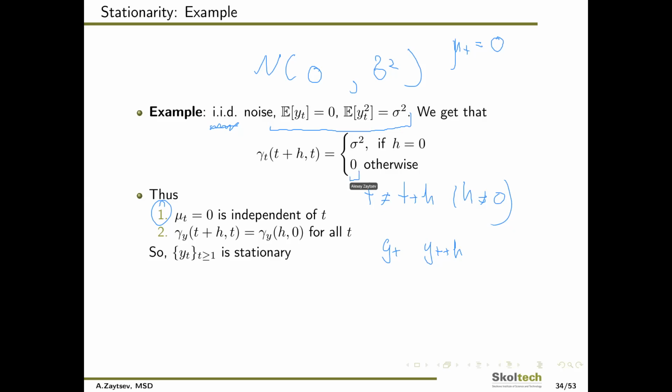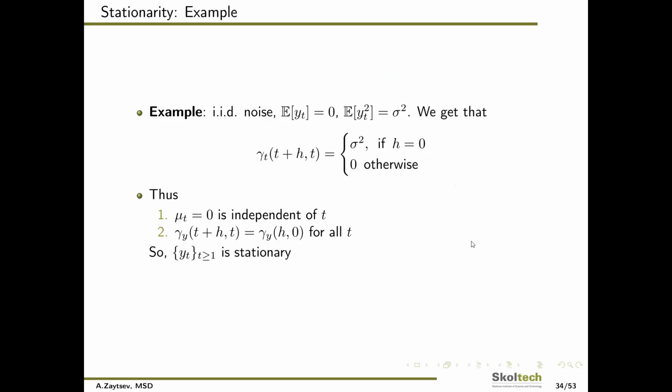If h equals 0, then we have yt and yt plus 0, so yt, and we know that the expectation of yt squared is sigma squared. As you can see, we meet the second condition for the random process to be weakly stationary. So we have weak stationarity for the white noise process. Simple model, simple answers, but quite a good answer here.